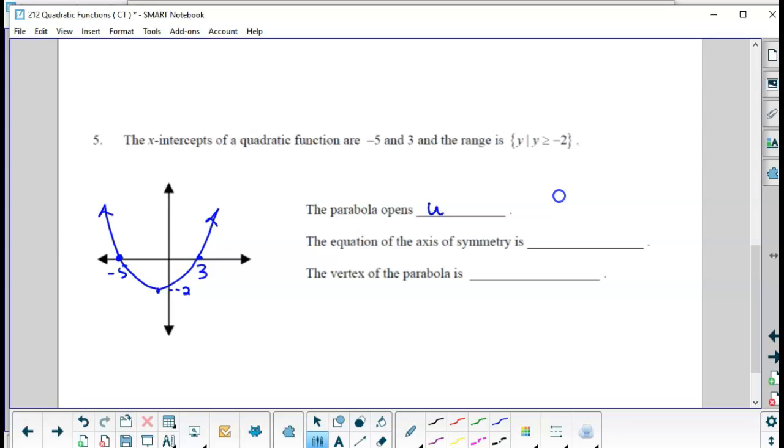So the parabola opens up. Equation of the axis of symmetry is x equals, now what is it? Right? So that axis of symmetry, what is halfway between negative 5 and 3? So you can find it by taking the average of those two numbers. So that's going to be negative 2 over 2, which is negative 1. So the vertex is at negative 1, negative 2.